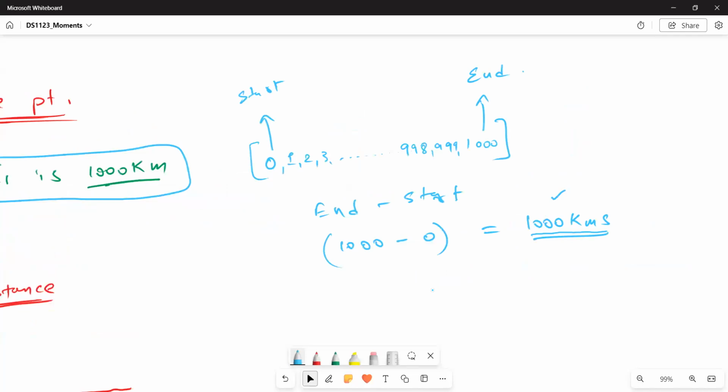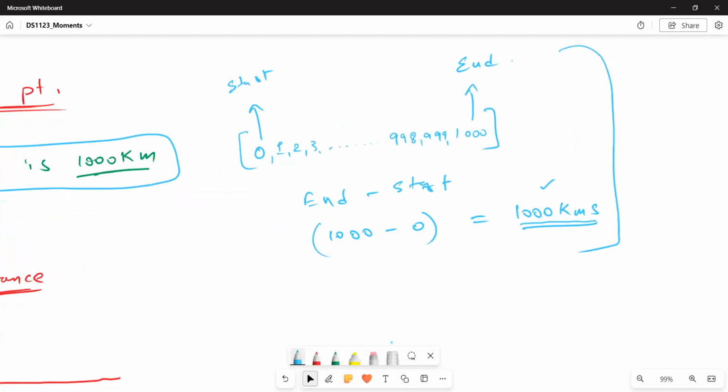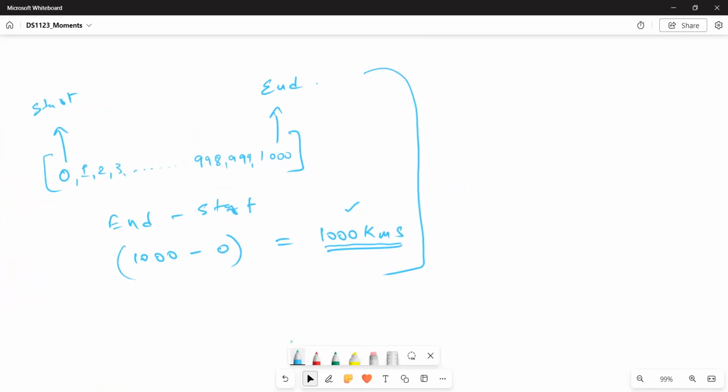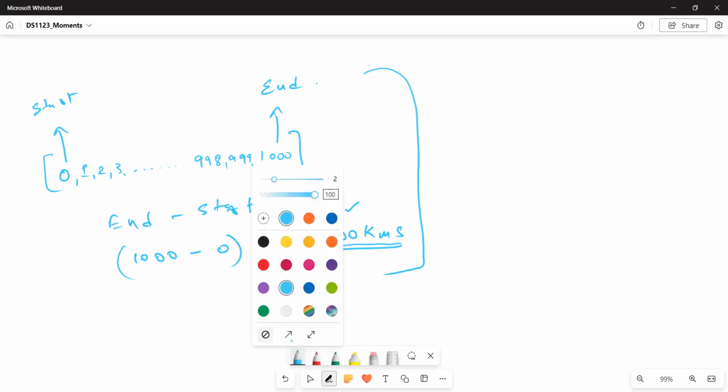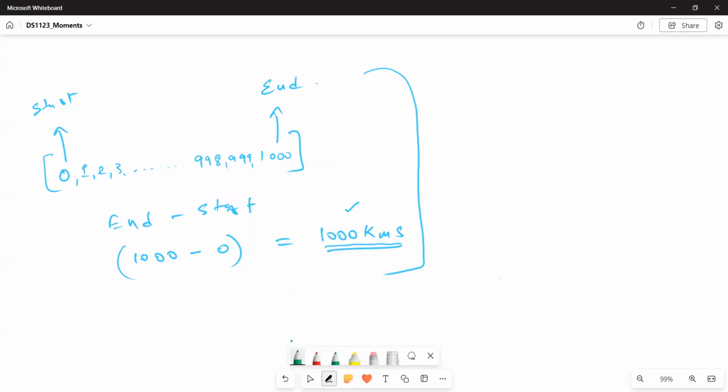All right. Now here, since you are able to understand this part, let's say, instead of taking the starting point as 0, let me take the starting point as 500.